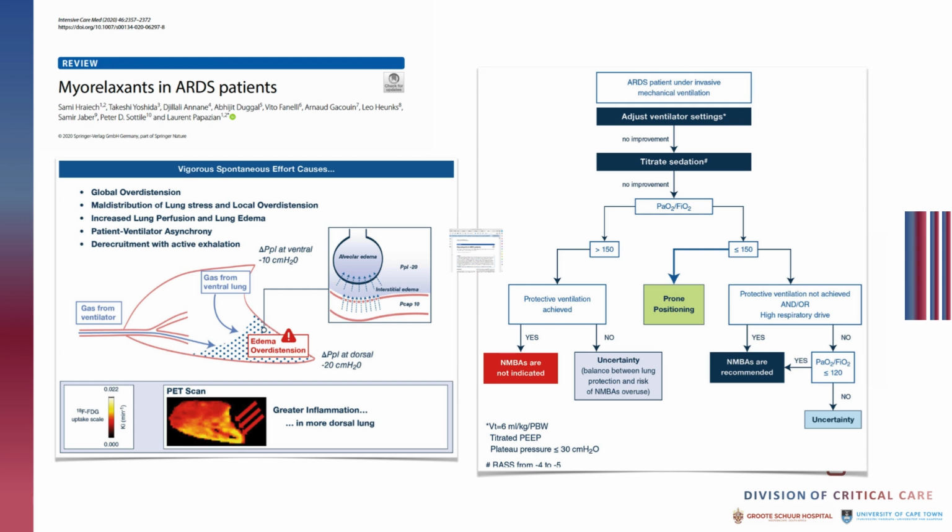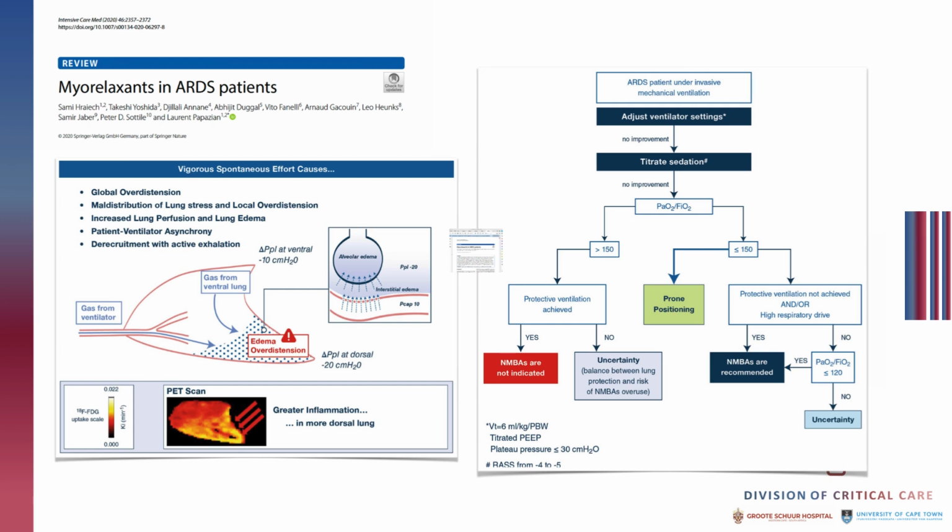And really the risks have been very nicely illustrated in this algorithm, where one needs to start to adjust your sedation and consider neuromuscular blockers based on your PF ratio. Okay?